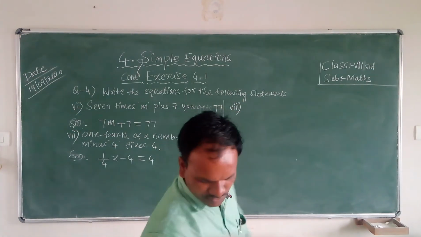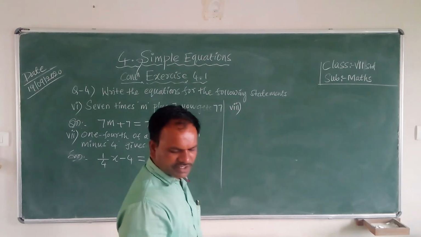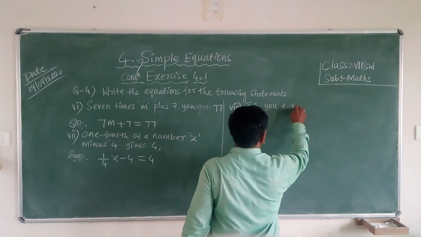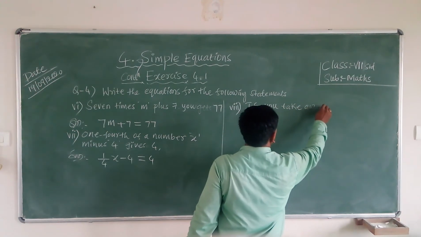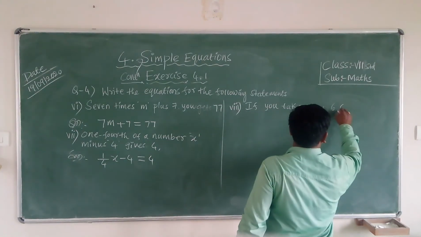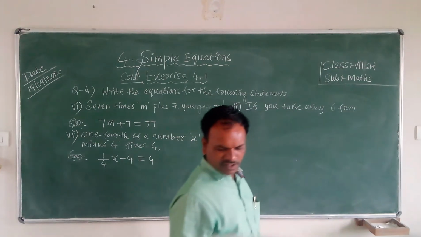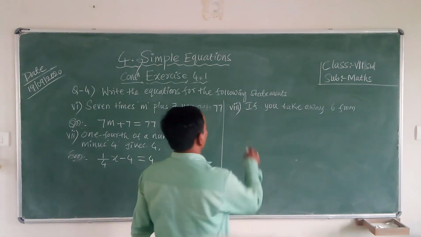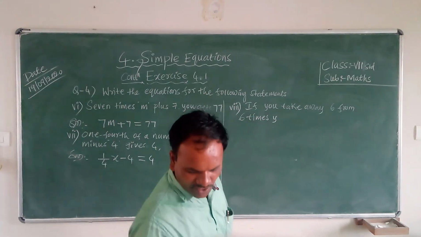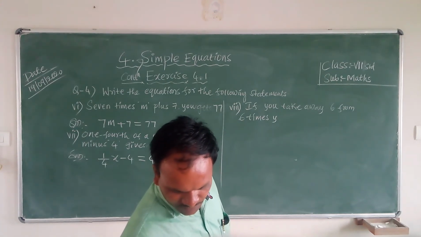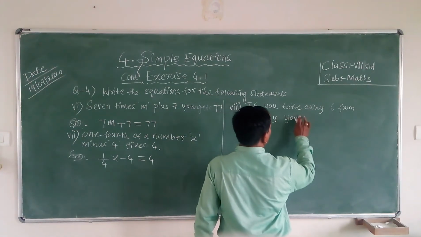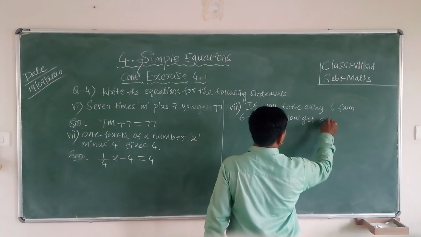What is the eighth one? If you take away 6 from 6 times y, you get 60.